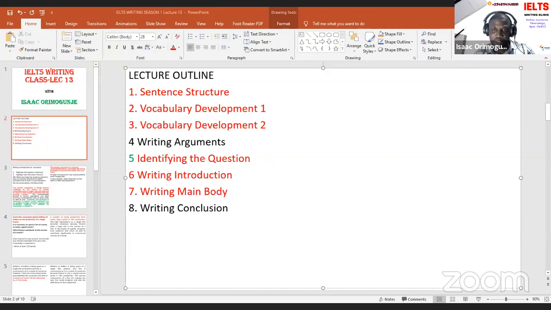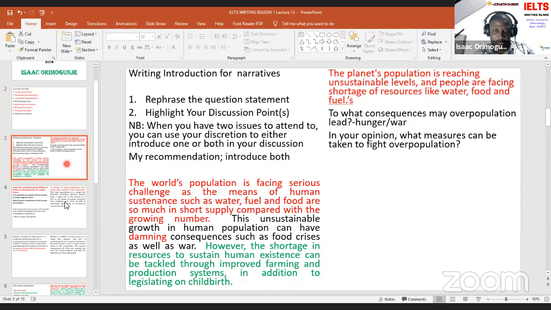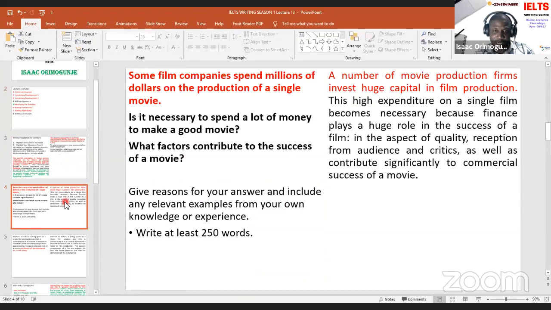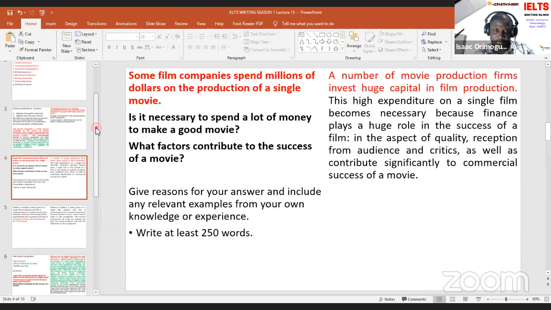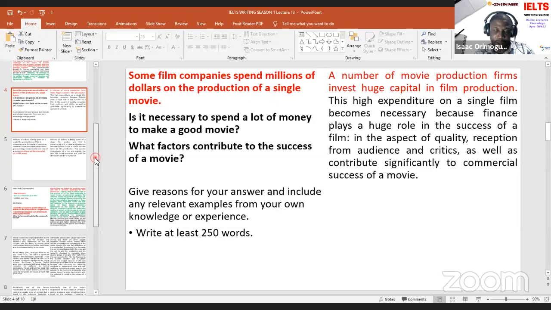So I'm going to teach us how to write conclusion now. Let's go from here. This was the essay that we wrote the last time. I wrote the introduction here, and I wrote two main bodies. I improved some people's main body, because main body was the focus. Okay, this is introduction.